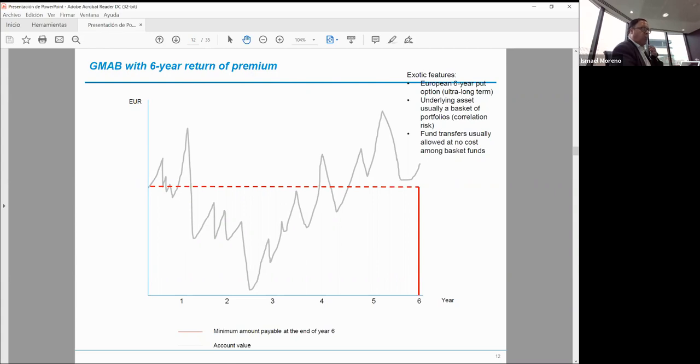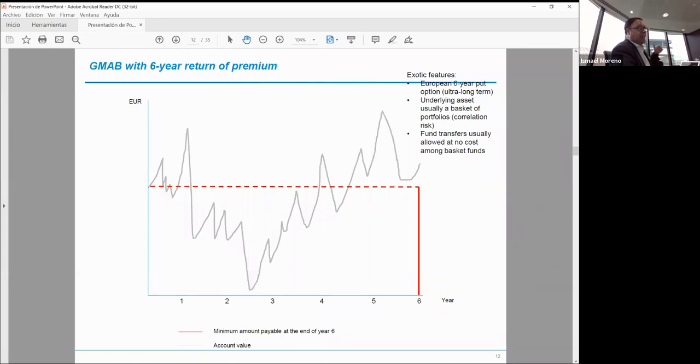If I withdraw all my money before year 6, I get the fund value. The put option is European. It is not American. I cannot exercise it at any point in time. If I exercise it before retirement, I get the fund value only. But upon retirement, I have a minimum amount. In this case, as you can see, the gray line is slightly above the red line. So the maximum would be the gray.